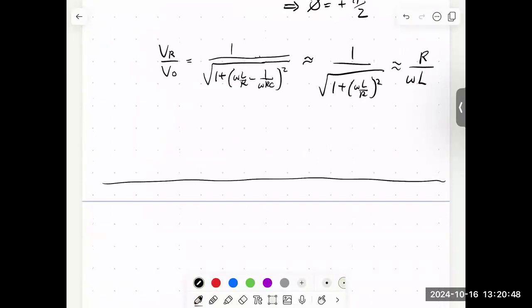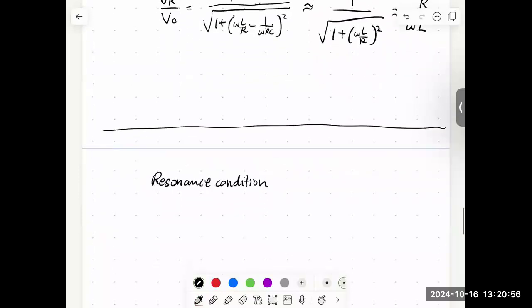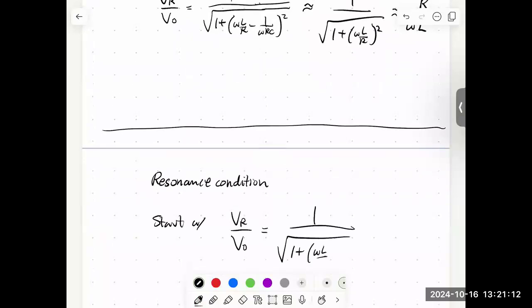We're going to define a resonance condition. This time, I'm going to start with the ratio of amplitudes. So it was 1 over the square root of 1 plus omega L over R minus 1 over omega RC, squared.